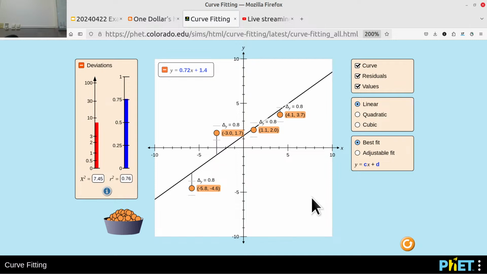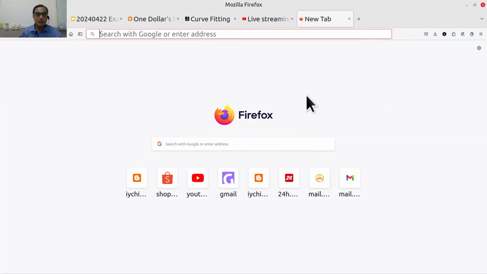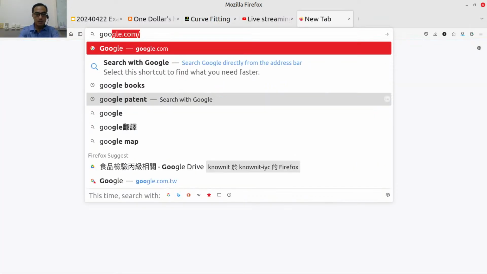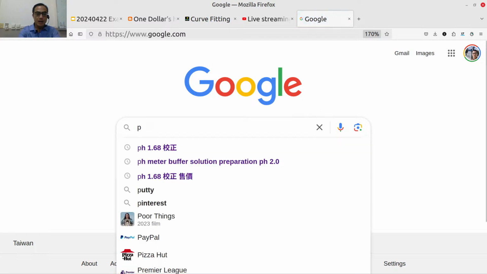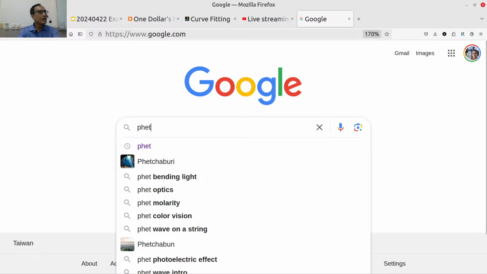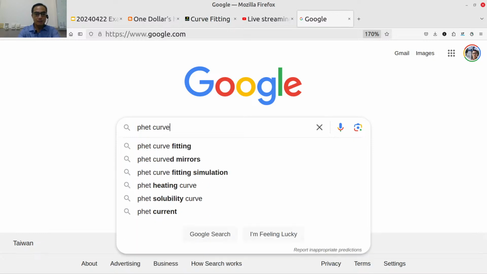Okay, sure. You can search Google. Please type PHET curve fitting.